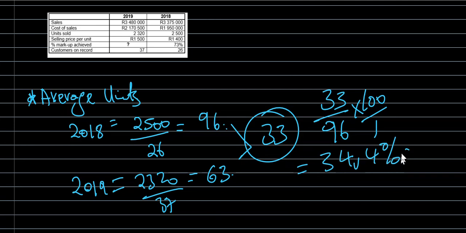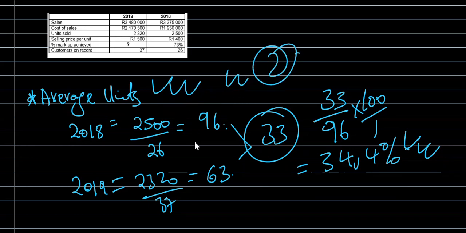So this is the percentage decrease. I think we're done comparing the average units that were sold. This is 2 marks, right? But there you are fighting for 4 marks. Let's go to another option.